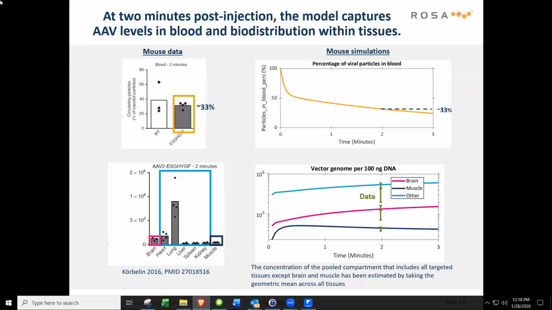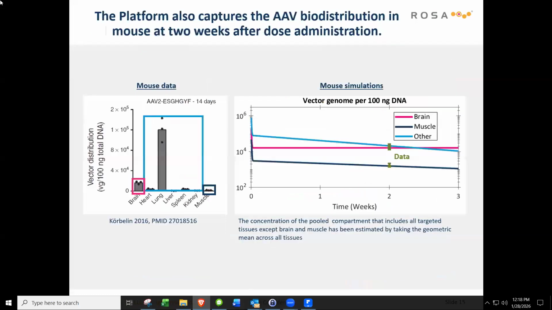For the pooled compartment, the light blue, that represents the peripheral tissues, because we have concentrations that are different, particularly in order of magnitude, we defined a geometric mean across all tissues to define the data that we were trying to fit with our model.